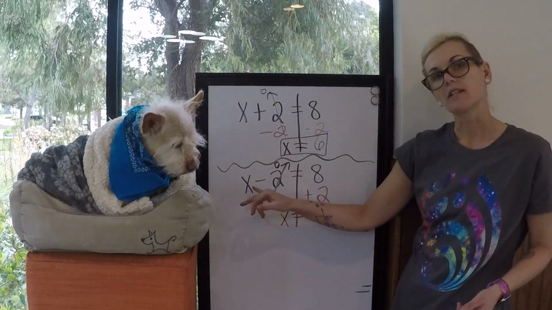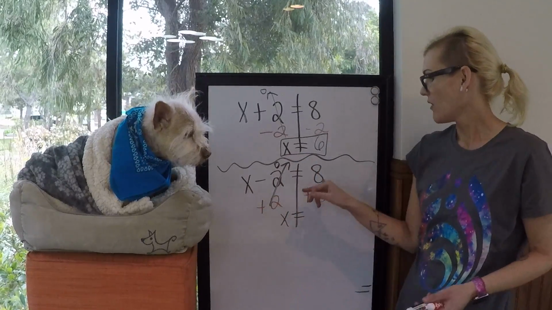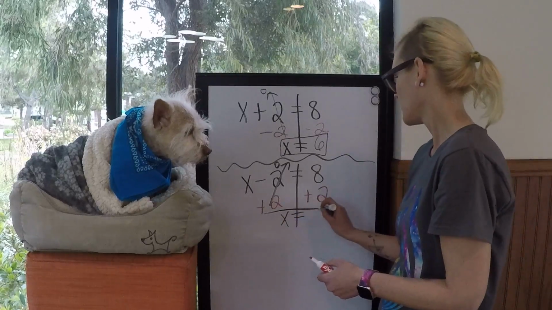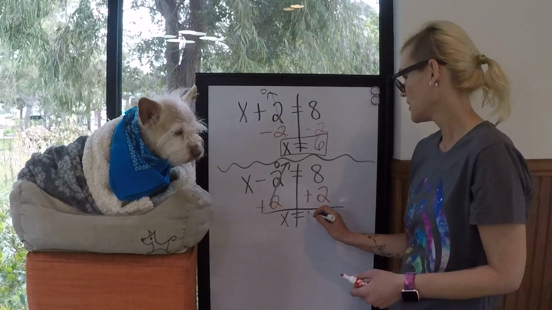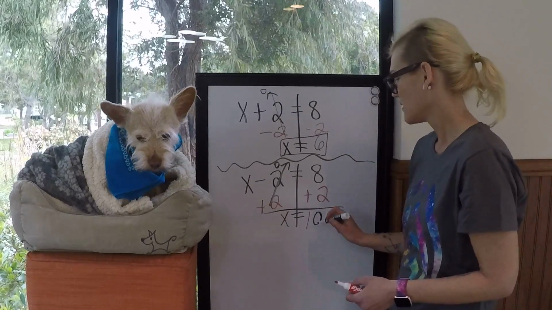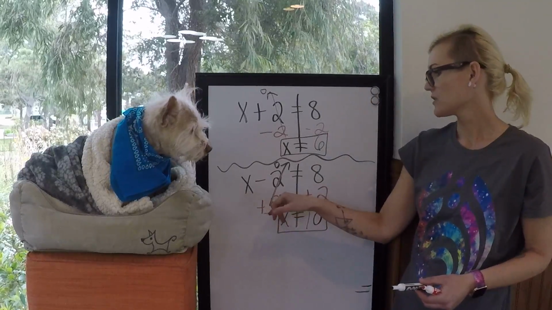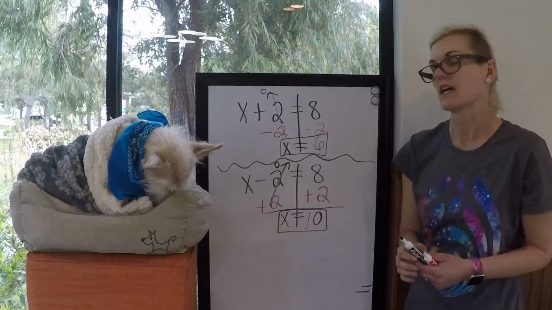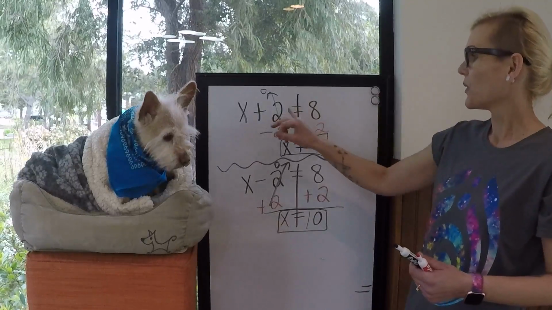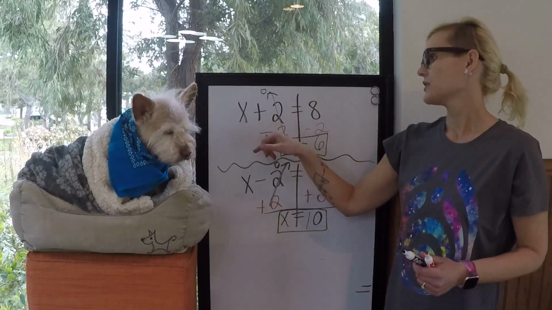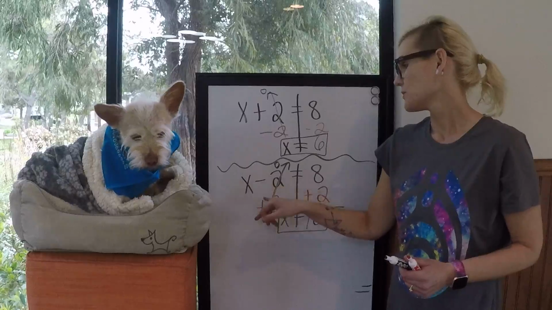That means on the left-hand side, I just have x. On the right-hand side, 8 plus 2 is equal to 10. Let's check it. Does 10 minus 2 equal 8? Yes, that does.